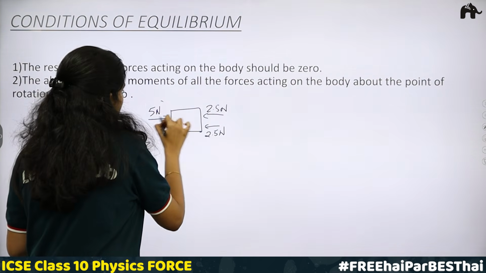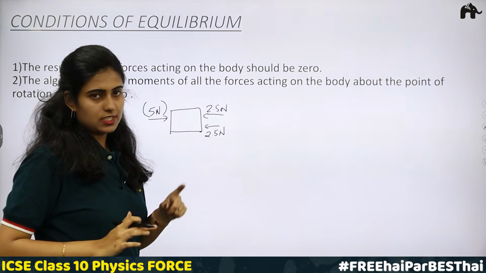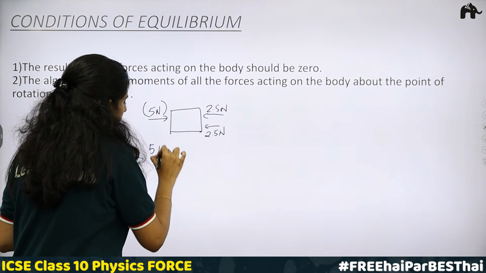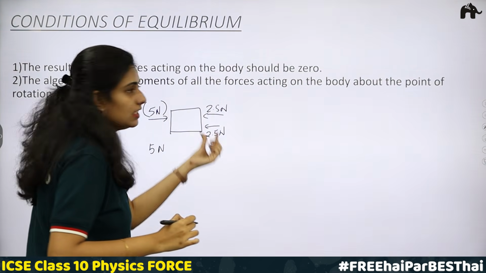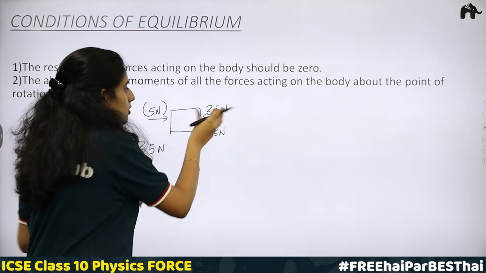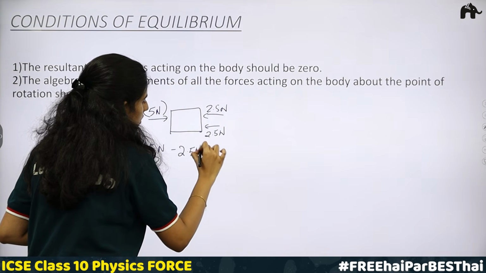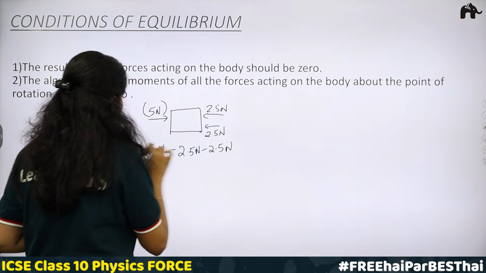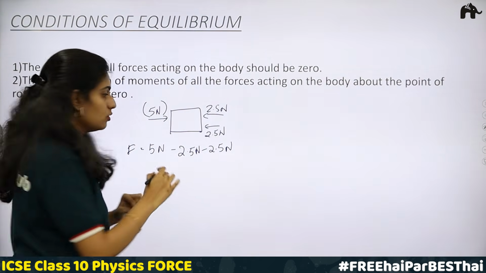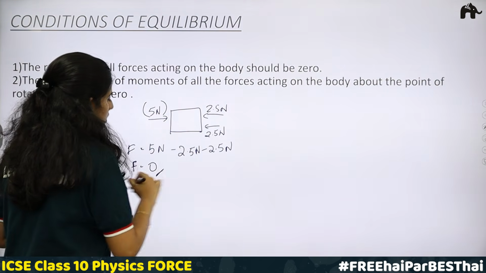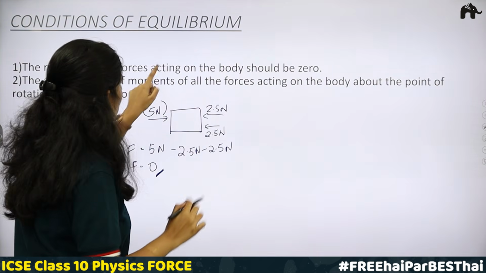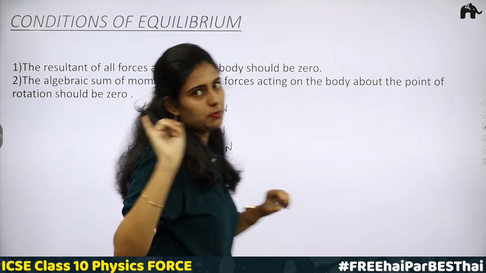When you take the algebraic sum, 5 Newton is applied in one direction. These two forces should be taken negative because they are in the opposite direction. So 5 minus 2.5 minus 2.5 Newton. What is the resultant force? Resultant force will be equal to 0. Therefore, the resultant of all forces acting on the body should be 0.